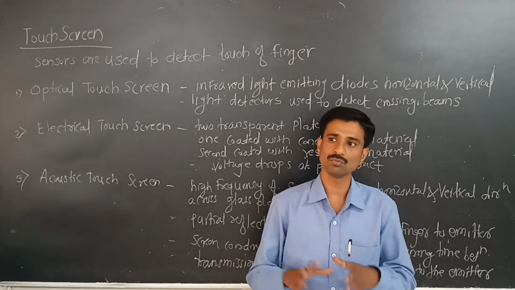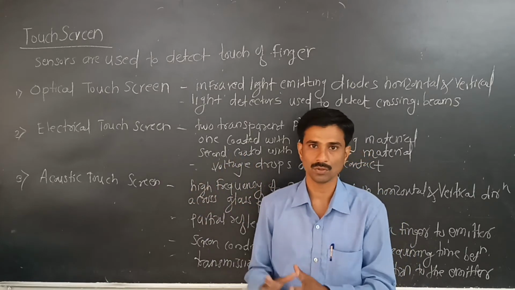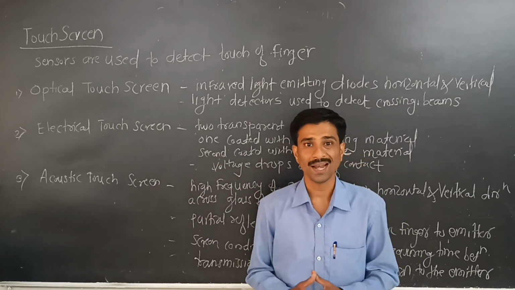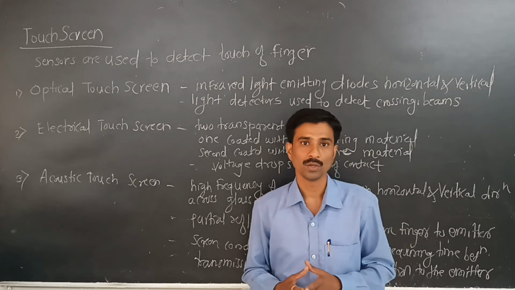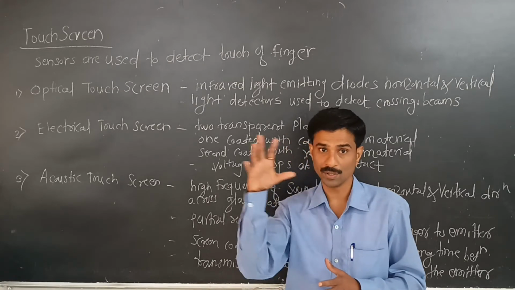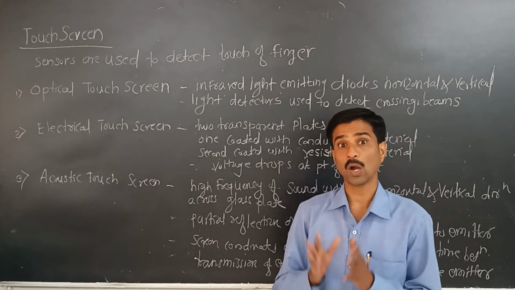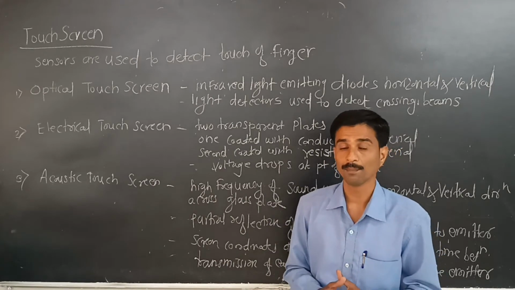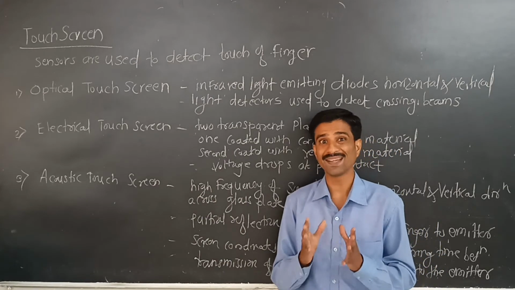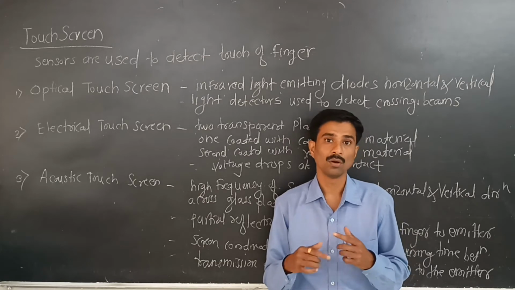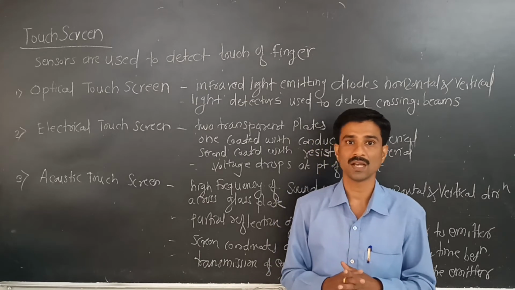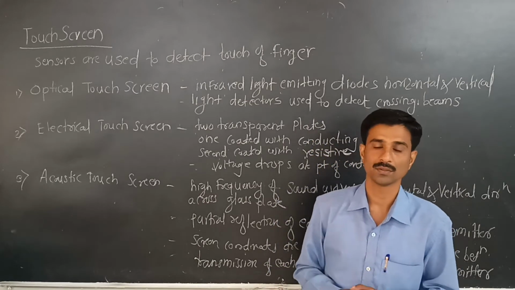But if we want to display an image on that screen, at that time we have to apply the voltage across different electrodes, and accordingly the molecules or the nematic crystals are going to start the movement.